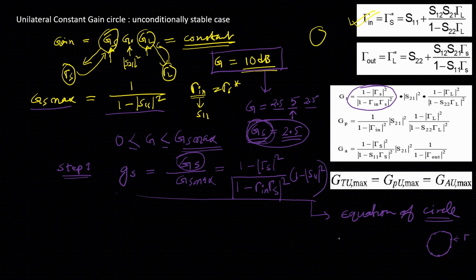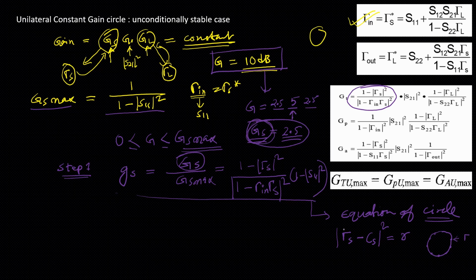So our circle equation should look like this: gamma S minus something equal to the radius of my circle, and here I will have the center of my circle. So from here I want to deduce this type of equation.